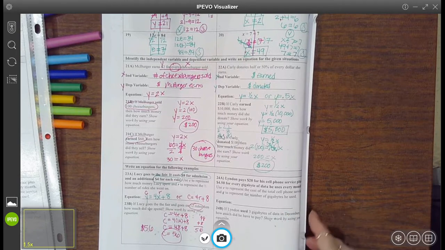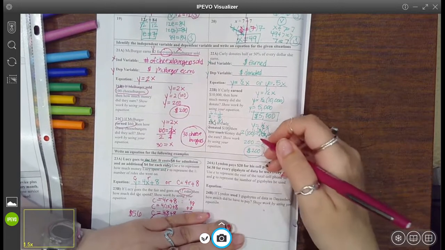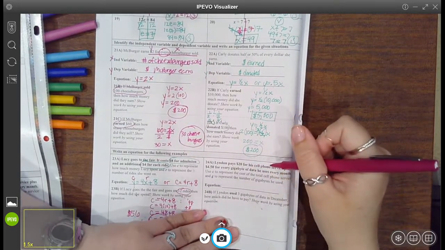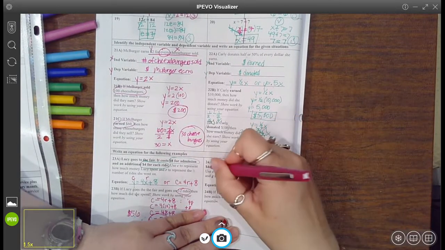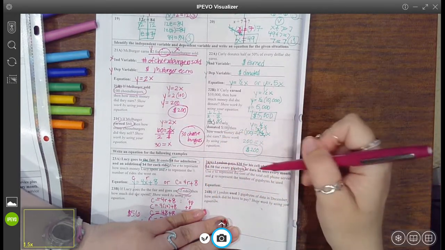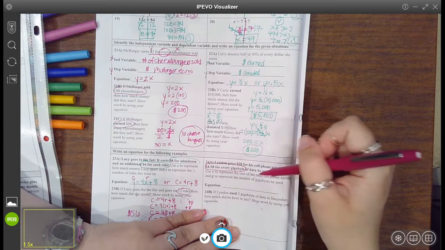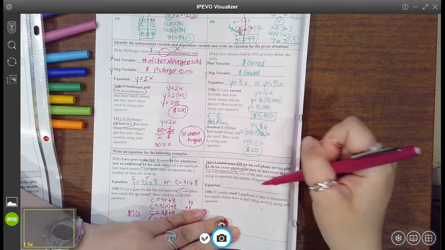Okay, what about this next one? It says Lyndon pays $20 for his cell phone service plus $4.50 for every gigabyte of data that he uses every month. Use C to represent the cost of the service and G to represent the number of gigabytes used.